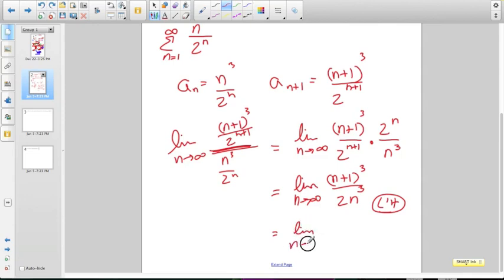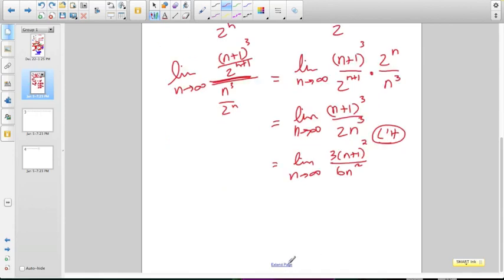So we get the limit as n goes to infinity. Taking the derivative of the top, that's 3 times (n plus 1) squared, times the derivative of the inside, which is 1, so I won't even put that in. Derivative of the bottom, 6n squared. Gotta do L'Hopital's again.